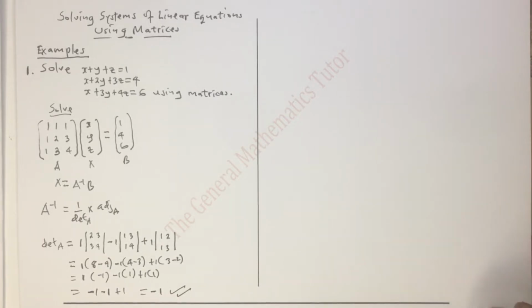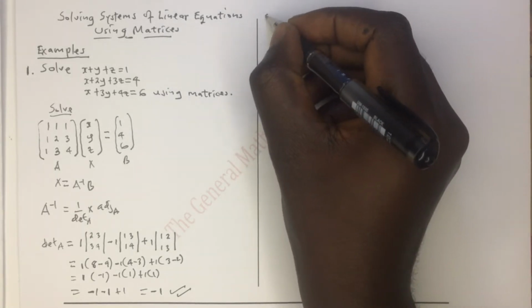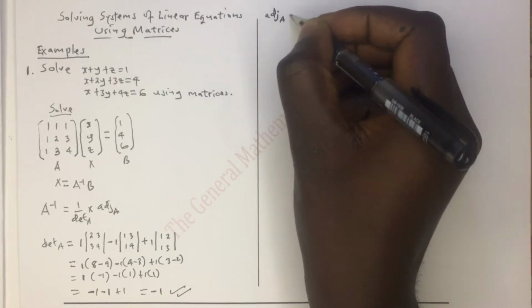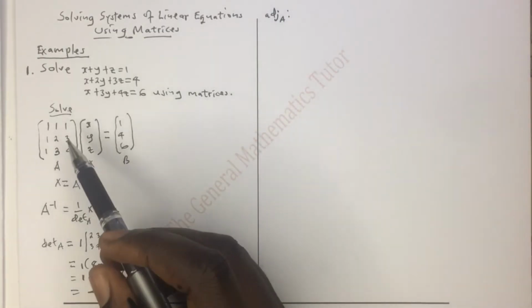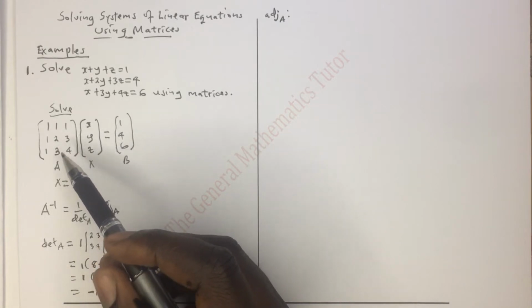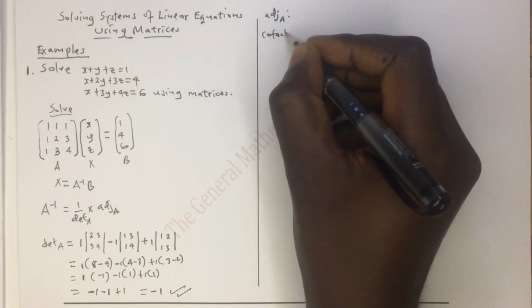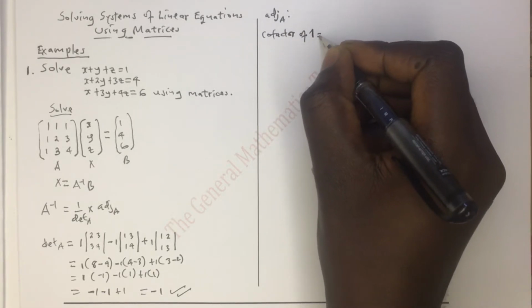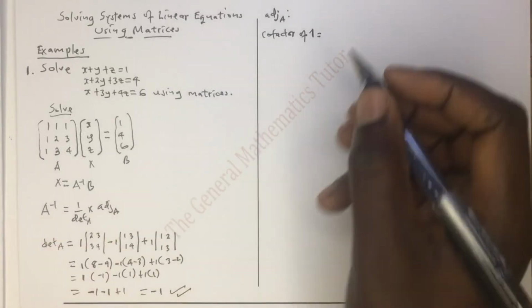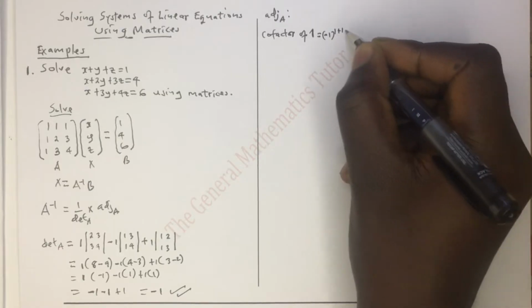So the next thing we're going to look for is the adjoint of the matrix A. For us to obtain the adjoint of that particular matrix, we're going to use the cofactor of each and every element in that particular matrix. So we're going to start with the cofactor. The first element is 1. So 1 is in row 1, column 1, so just take negative 1 to the power of 1 plus 1.